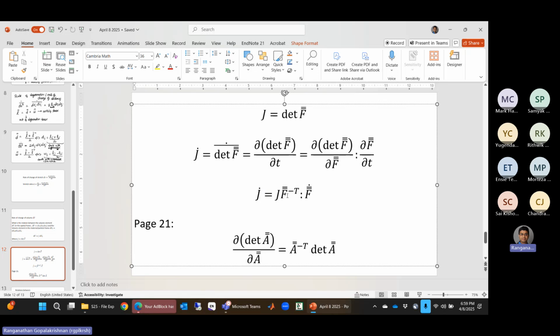If that is known, if it has a time dependence, you can get F dot. How can you get F dot? We just, at the start of this lecture, I mentioned what is the relation between F and F dot.